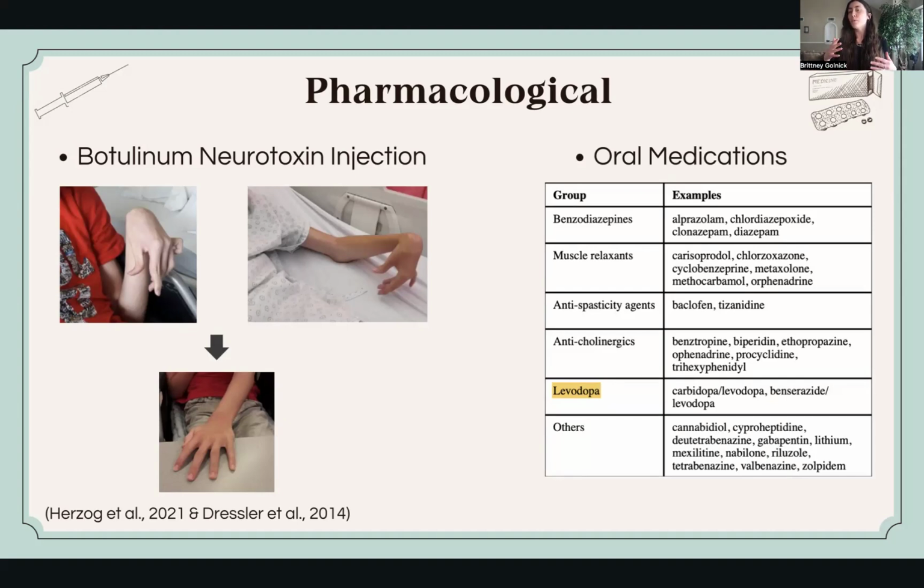Diazepams, those are going to help increase GABA and enhance the effect. So there might be more of an inhibitory effect and less excitatory muscle movements. And then you could see levodopa, which I have highlighted because that is something we saw with Parkinson's. It's used less in dystonia, but it is a very important contributing factor for some people.